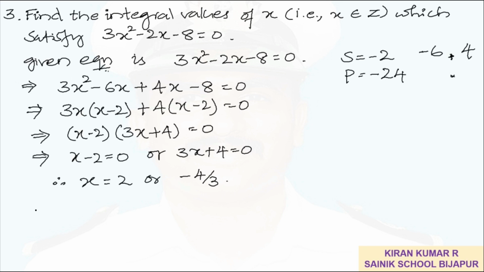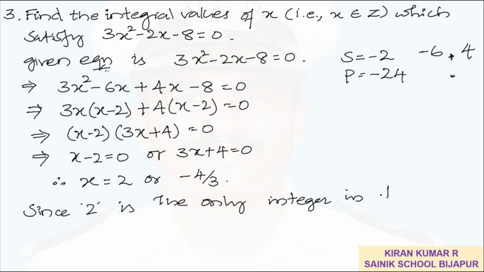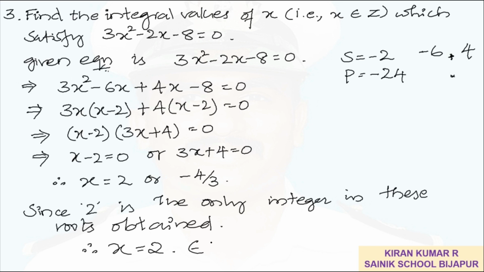Look at the values now. Here we have got 2 and also negative 4 by 3. Since 2 is the only integer in these roots obtained, therefore the value of x is 2 and it belongs to the set of integers.